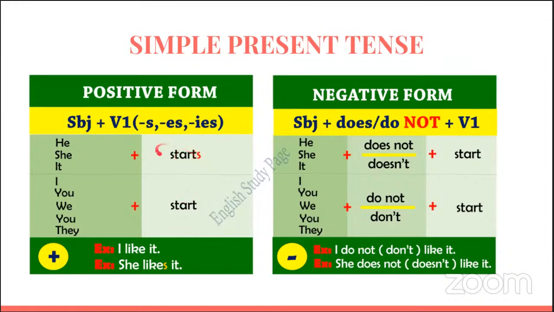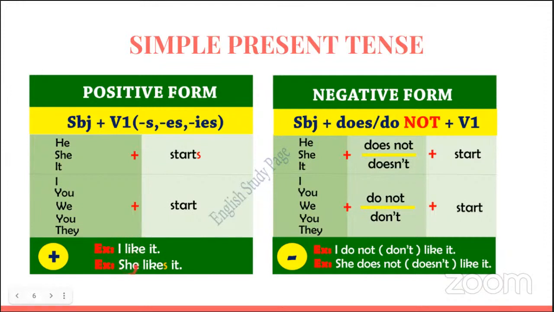And this is only going to happen with the third person singular. So I will say he starts, she starts, it starts. And for the singular subject I and for all the plural subjects, I will just use the verb in the base form. So here we have examples given. I like it. The verb in the base form.